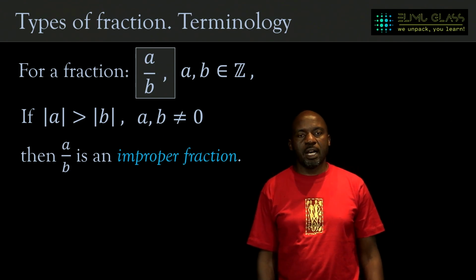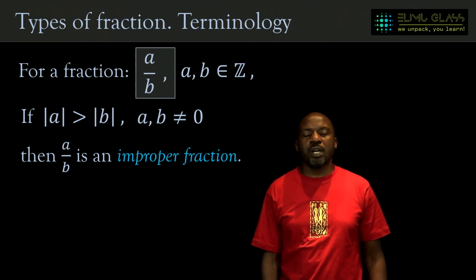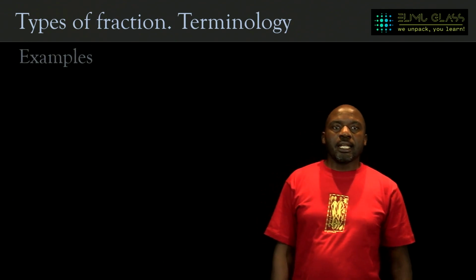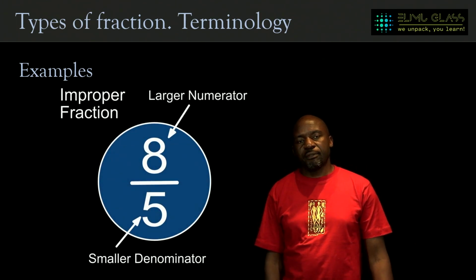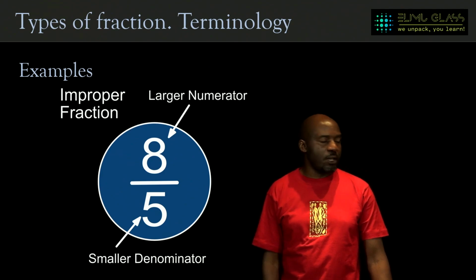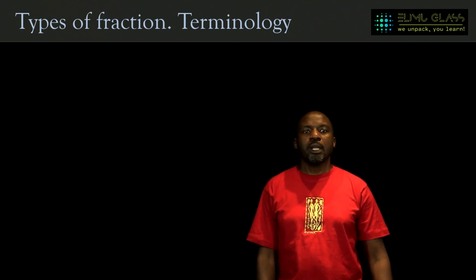These are terms that I want you to remember as we move forward. Okay, an example of an improper fraction is 8 out of 5. So you can see that the numerator is now larger than the denominator.